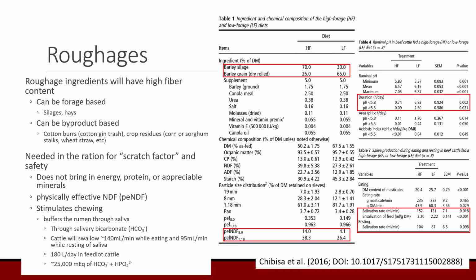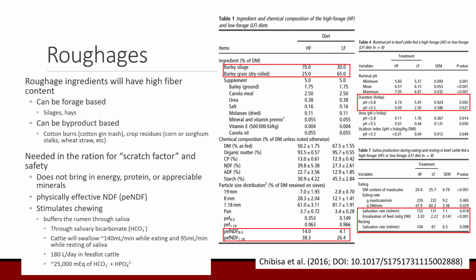This is physically effective NDF at the 1.18 millimeter screen. So they had a high forage diet versus a low forage diet. So you can see that physically effective fiber, independent of what screen you're looking at, decreases in the low forage diet. Okay, so impacts on pH.